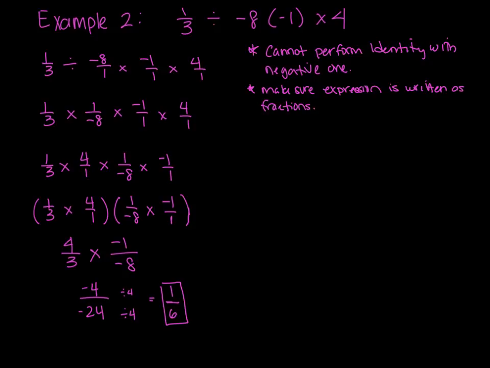That means all your whole numbers became improper fractions. When we did that, I still kept the division, 1/3 divided by -8/1. As I rewrote the expression, I kept the division in there. I did not change it to multiplication until I was ready for the multiplicative inverse part.